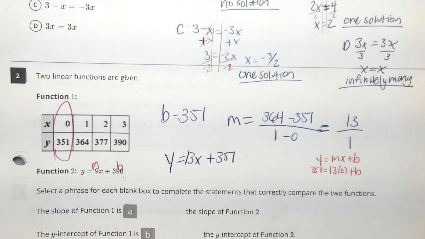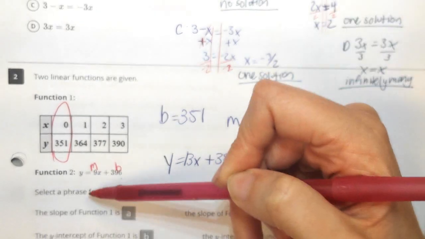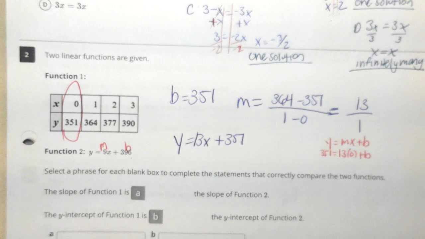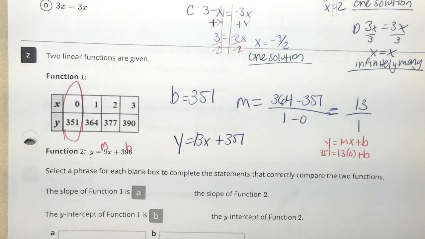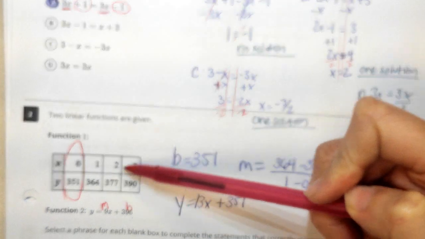Okay? Number 2, when I look at this one, I have two functions here. It says two linear functions, so they're both a straight line, and it says select a phrase for each blank box to complete the statement that correctly compares the two functions. Now, I told you before, anytime you see ordered pairs, I would do graphing.